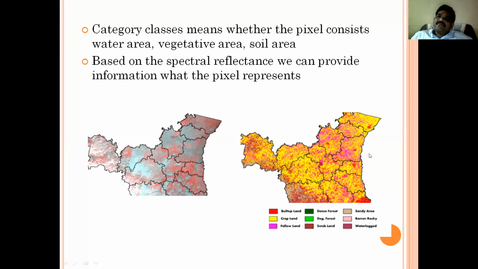That means the satellite image has to be interpreted in a way that the user can easily identify what it is. This is just a trimmed image for your understanding, which I kept in this slide.